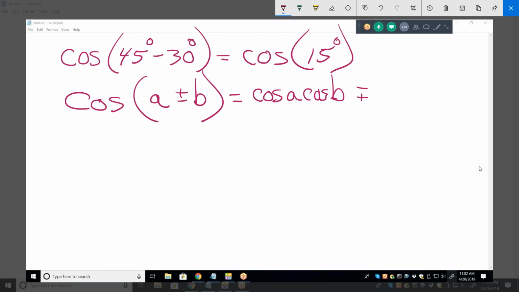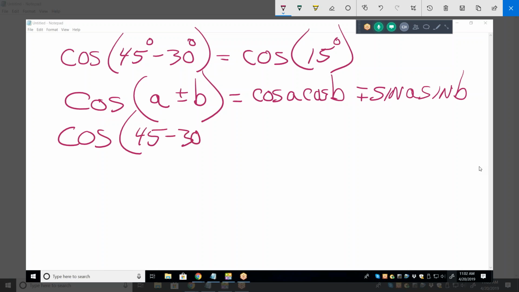If the original one was minus, we're going to do a plus. And then the rest of it follows: sine A, sine B. Okay? So we've got the cosine of 45 minus 30. Let's figure it out based on this identity.